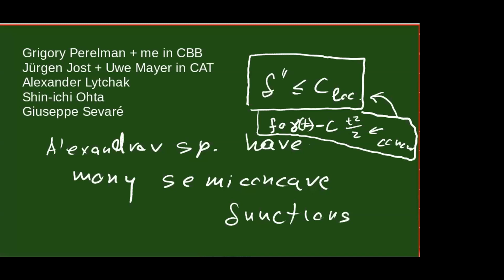In fact, the distance function is semi-concave, except for the origin. And for these functions, we can define gradient flow. Okay, so before going to the definition of gradient flow, I have to say a couple of words about the tangent space.